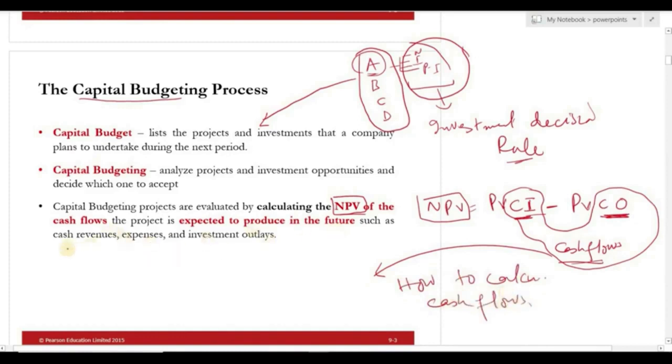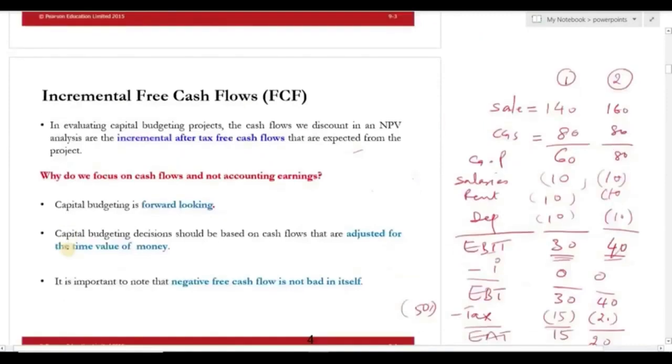Okay, next, this is the incremental free cash flow. Now we have a cash flow, and I told you that a cash flow can be either an outflow or an inflow. So what is this incremental, then? Incremental means the cash flow is adding value to the existing company's profitability.